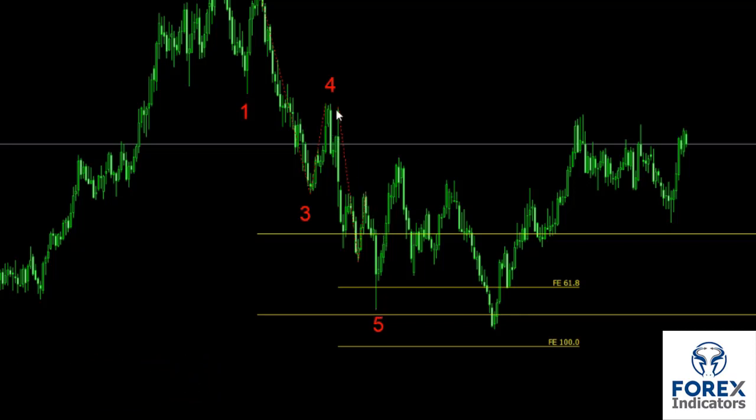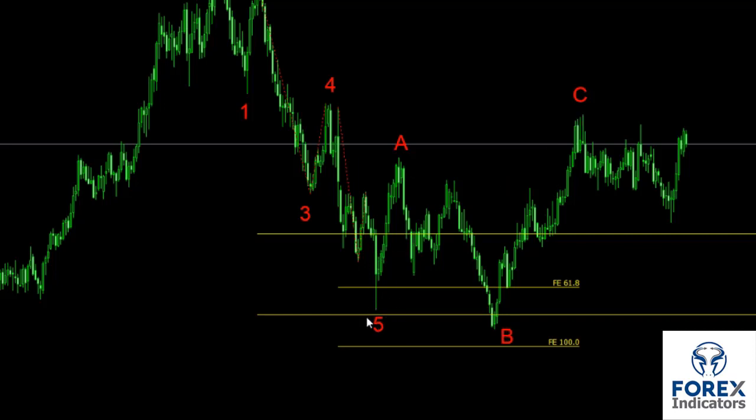Yeah, and now we have an A going up, yeah, here, and B going down, and a C coming up here. What is this, guys? This is an expanded flat.